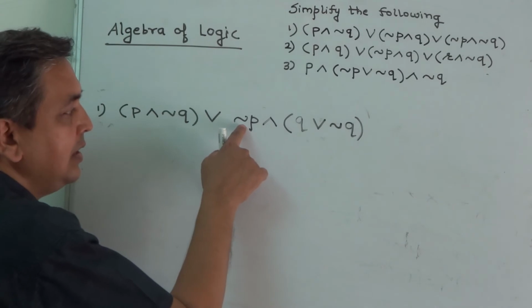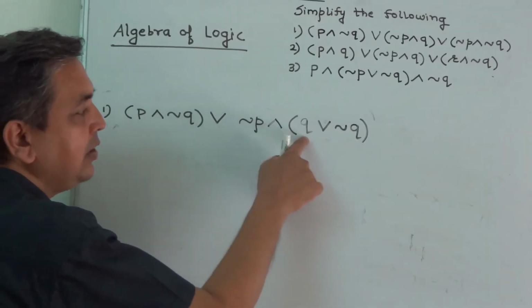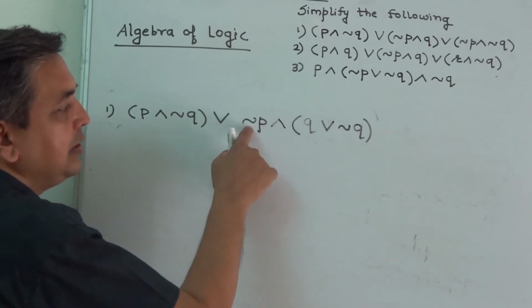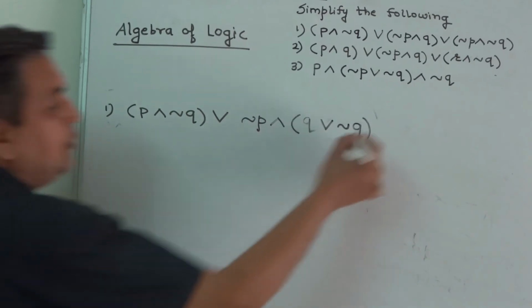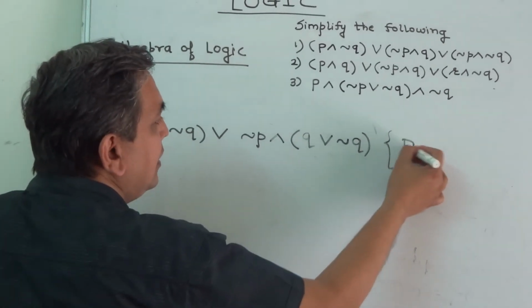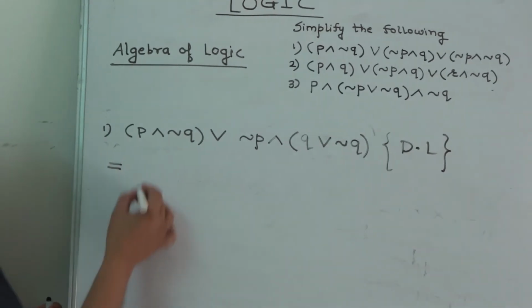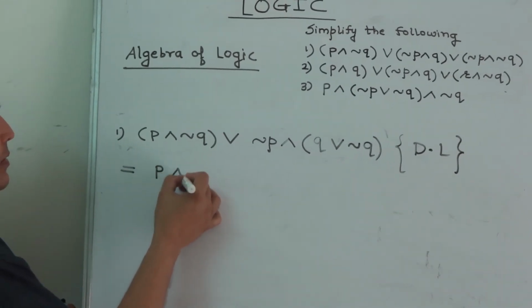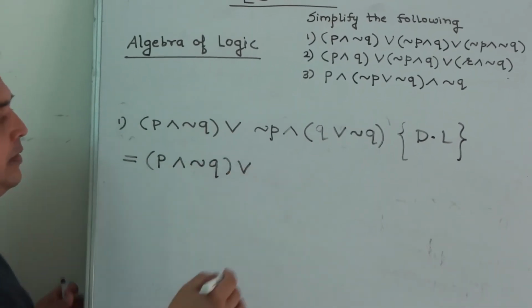We can check this. Negation P or Q, negation P and Q, or negation P and negation Q. So which property we have used? Distributive law.